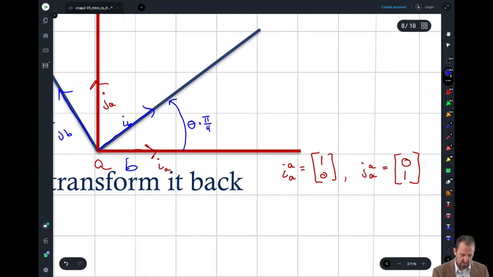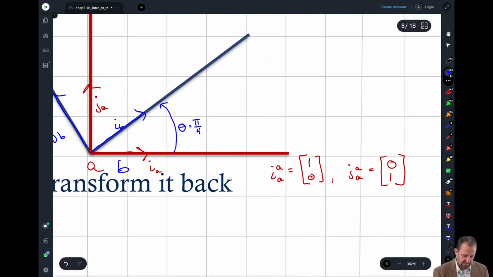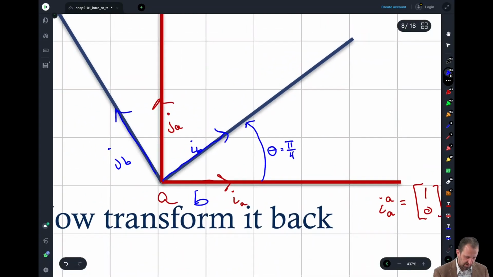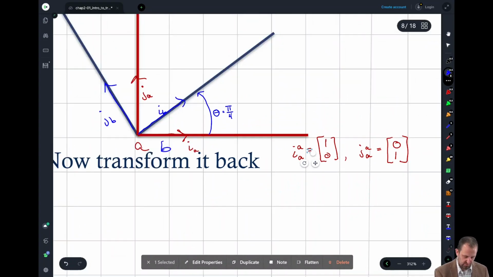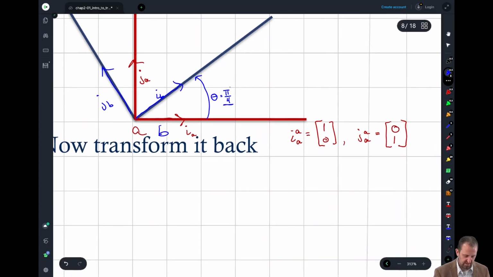Excellent. So if we take a look at I sub A right here, we see that it's in the positive direction of I sub B. So in this case, since it's a nice pi/4, we actually can define that the magnitude on either one of the axes is going to be square root of 2 over 2.